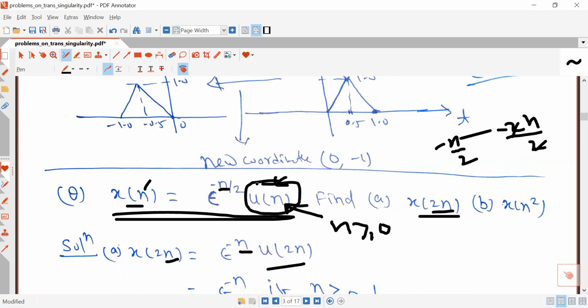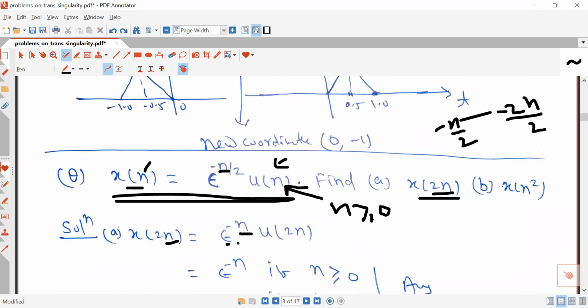This is a discrete signal. When n is greater than or equal to 0, this function will be 1, and the result will be e to the power minus n.